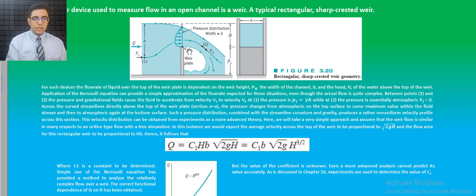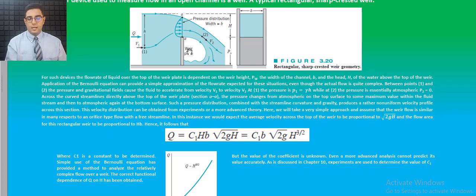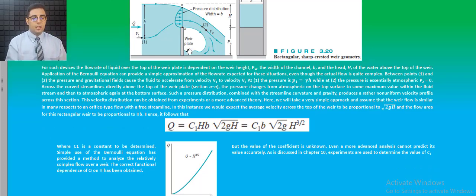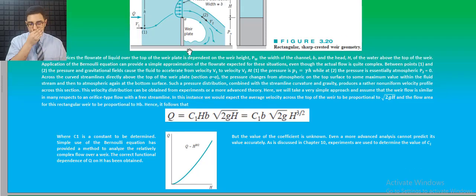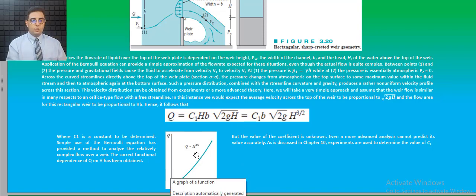The distribution of pressure as well as the streamline for velocity profile gives us complex equations, through which we can have the flow rate as C1 H B square root of 2 G H capital. If we do more calculations, we can have the flow rate as a function of H to the power 3 over 2.